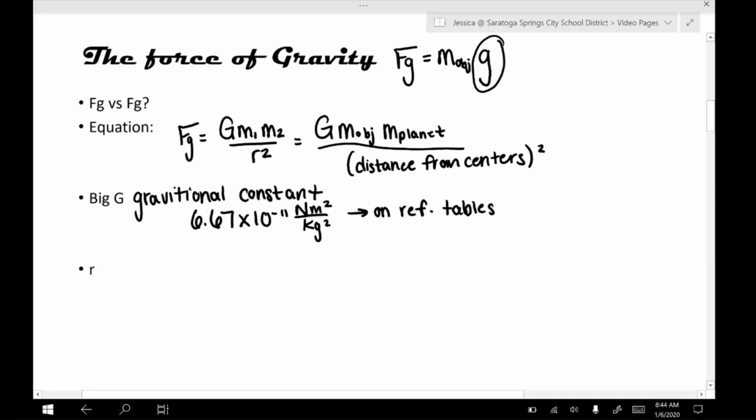Okay? Like I said before, r is not radius. We might use the radius, but r is really the distance from the centers.